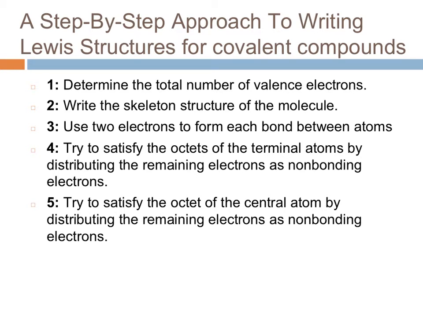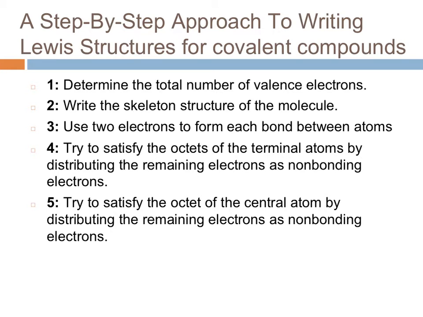Lewis structures for covalent compounds are a little bit more complicated, and there are several steps that we need to follow in order to draw a complete Lewis structure. The first is that we want to determine the total number of valence electrons. We then want to write the skeleton structure of the molecule.